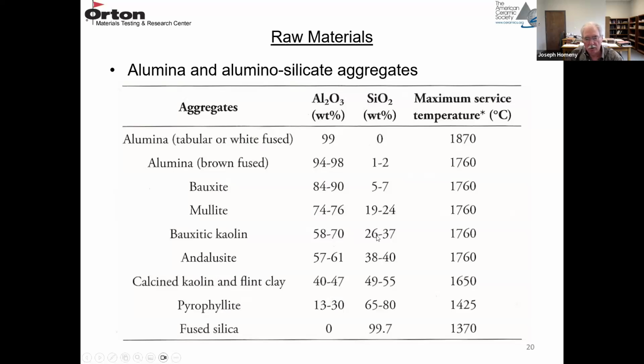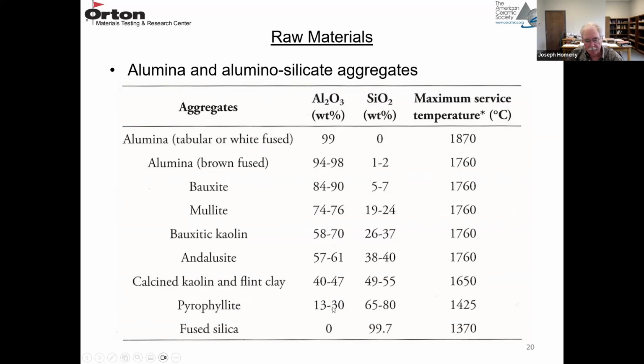So the alumina content is going down, and andalusite. And then our different types of clays, a kaolinite or a flint clay, they're less than 50% alumina and a little higher than 50% silica. So now we're going down to maybe 1650 degrees C.